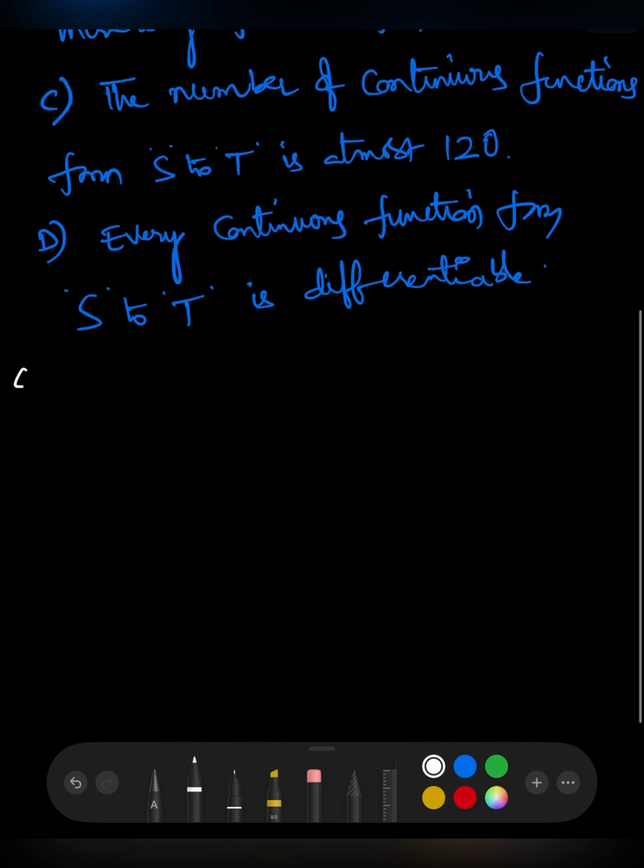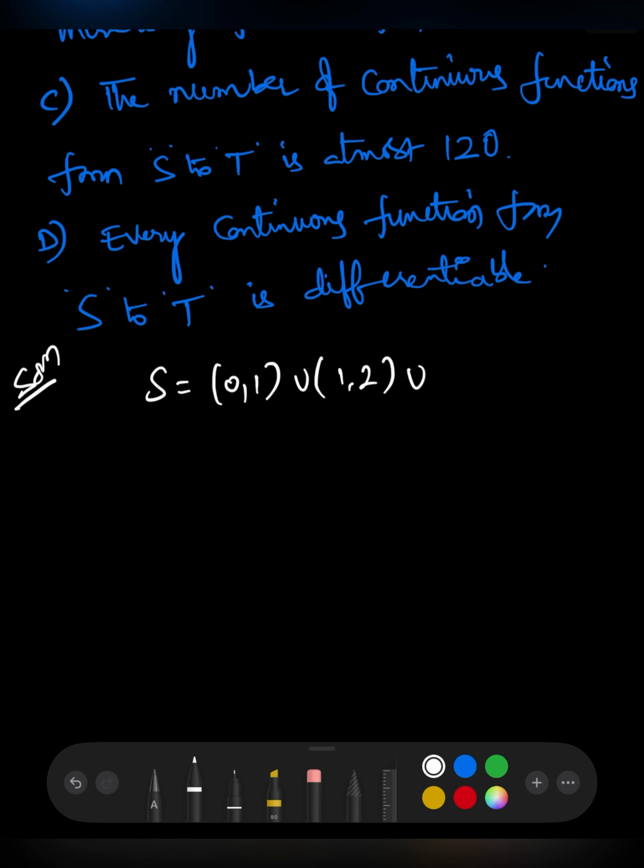Now coming to the solution. Based on the first option, S is the interval 0 to 1 union 1 to 2 union 3 to 4, and S contains an infinite number of elements.